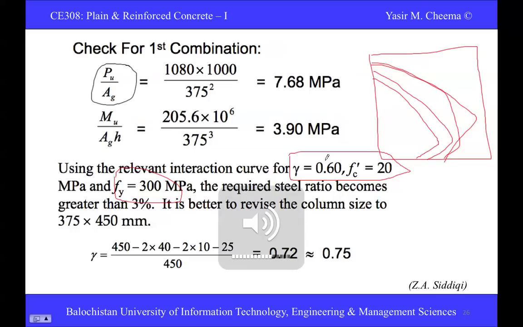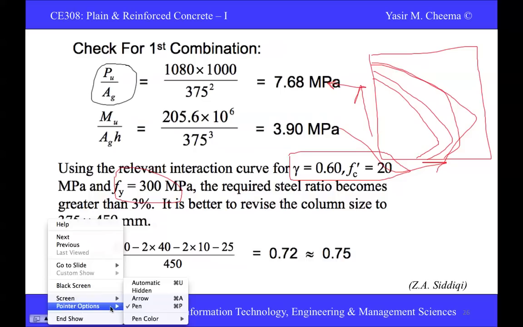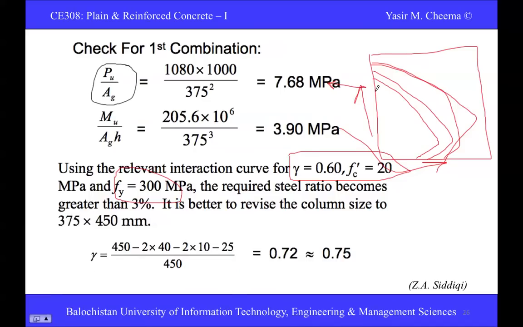So once we select the relevant curve, what we have to do is, along this axis there is the value of Pu, and the other value lies on this axis. First of all, we need to trace the value of this one along this axis.